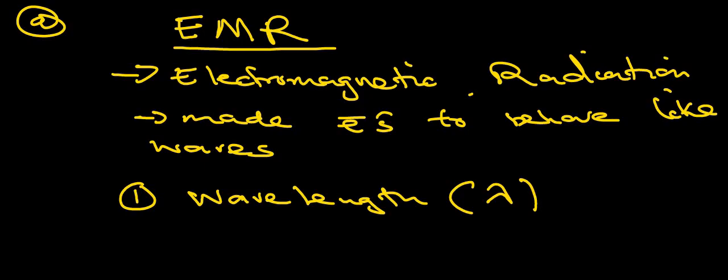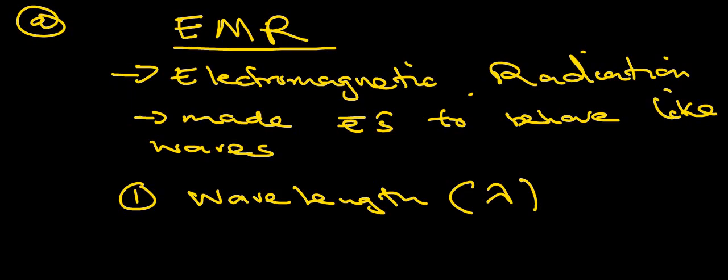So wavelength is going to be denoted by the letter lambda. In case you didn't get what I said, guys, we're just saying we want to study the internal structure of an atom, and we cannot look at the internal structure of an atom with our bare eyes. The only environment where we are able to study the behavior of an electron is when we expose that electron to electromagnetic radiation.